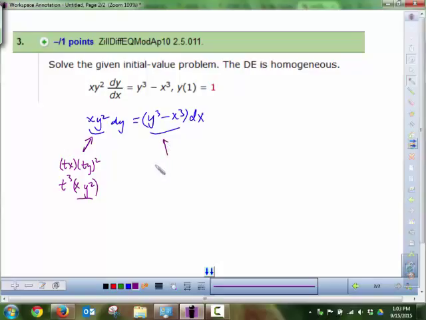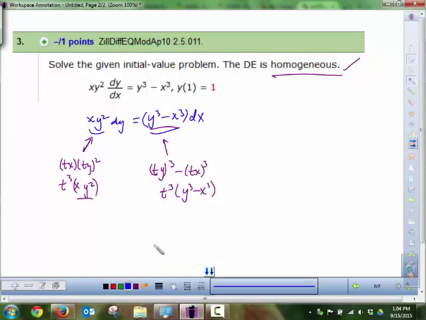To check that, I replace the y's with ty and the x's with tx, and then I see this is t cubed, the same power t, times the original thing. So I know it is homogeneous, and that's the way to check if it's homogeneous, if they didn't tell you it's homogeneous.